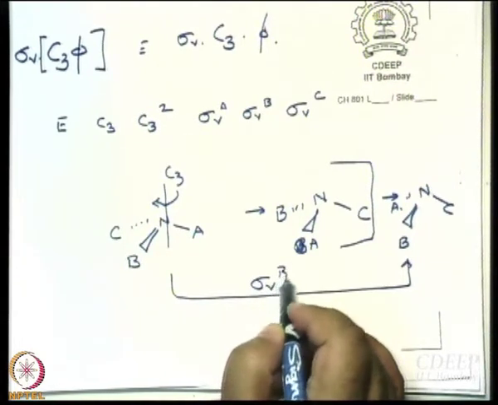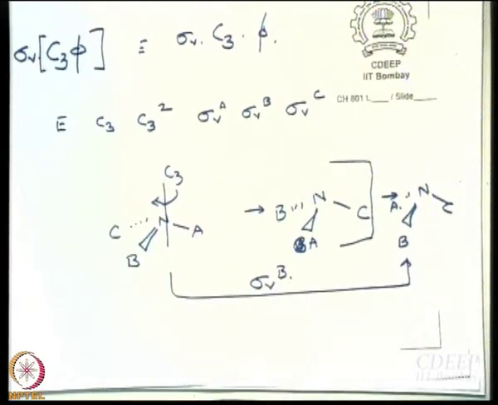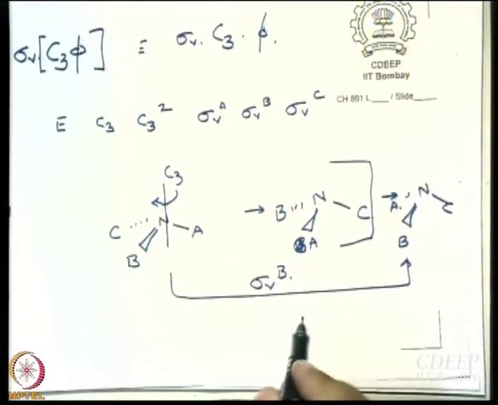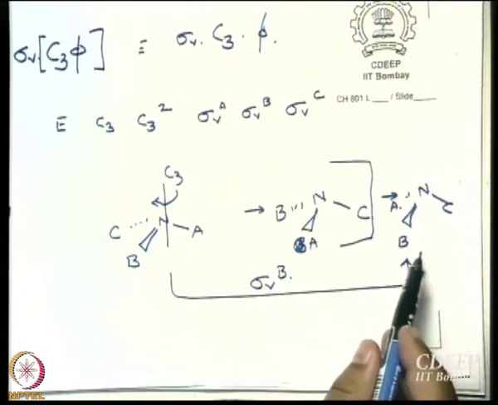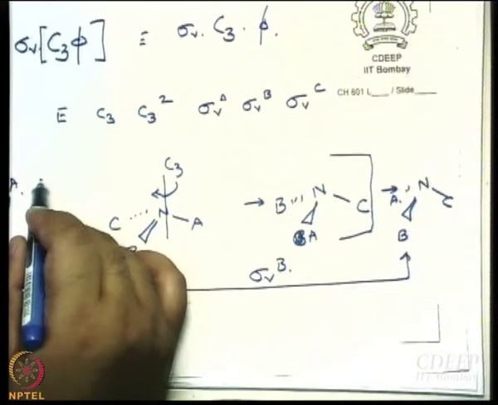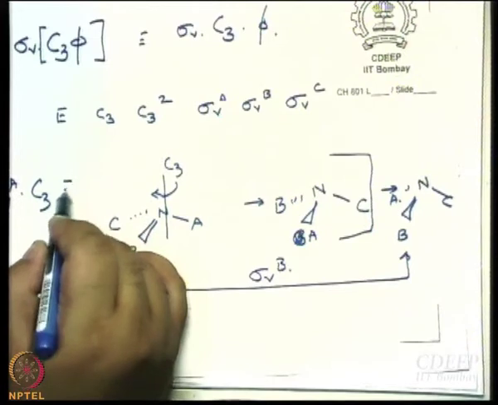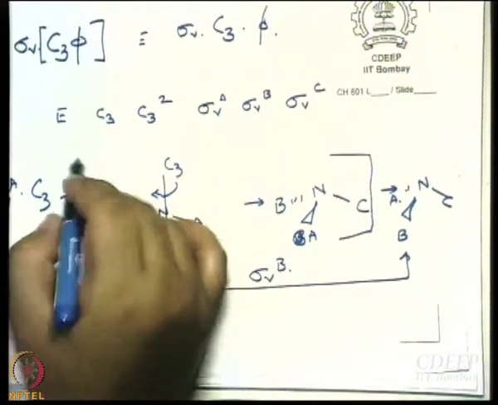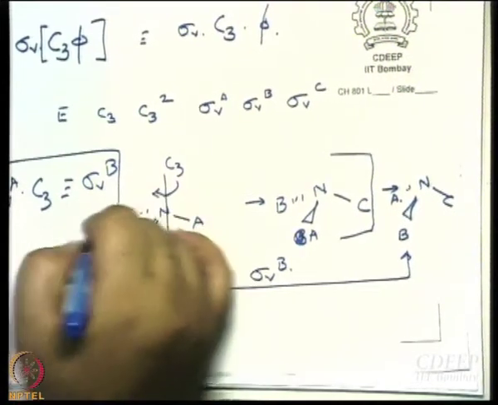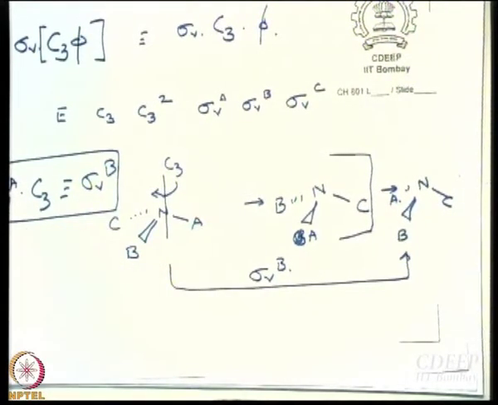Sigma v B, right? So, what I get then is sigma v, which one did I operate, A, C3 is equivalent to sigma v B. Original molecule. Okay. All right.